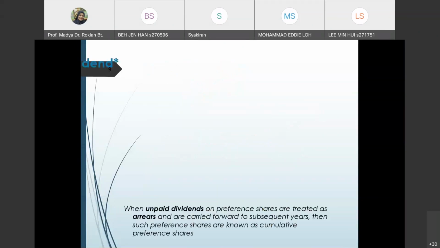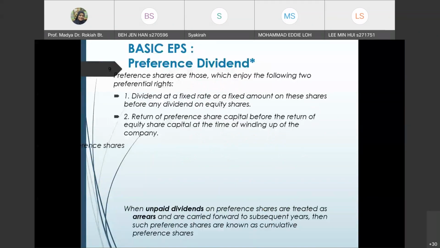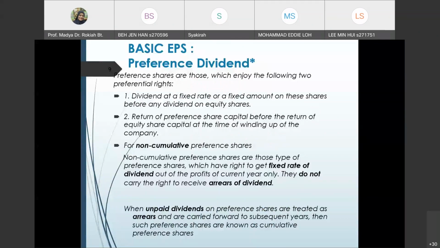Now we have to talk about preference shares. The holders of preference shares enjoy preference rights. They enjoy a dividend at a fixed rate, a fixed amount of dividend on those shares before any dividends on the equity shares. This means that when there is a profit, the company needs to pay dividends to the preference shares first, and if there is a remainder, then it pays dividends to the ordinary shares.